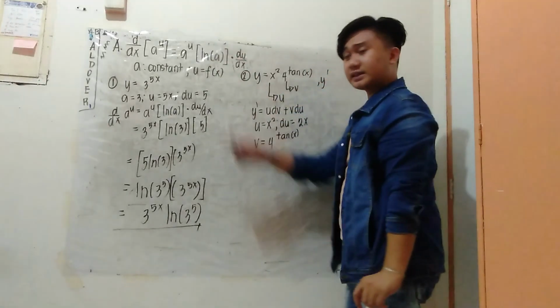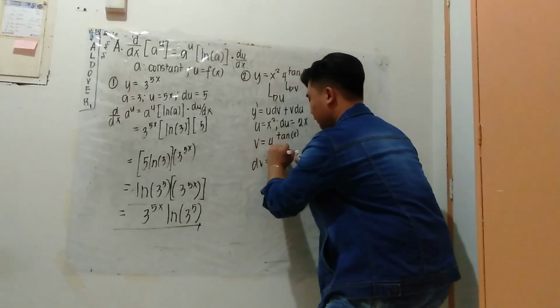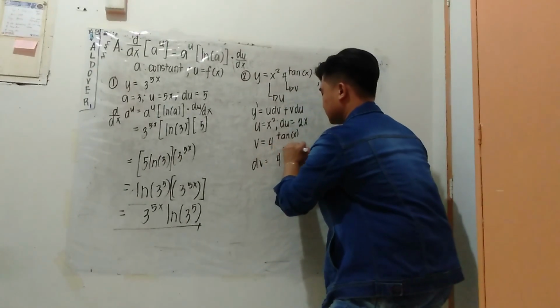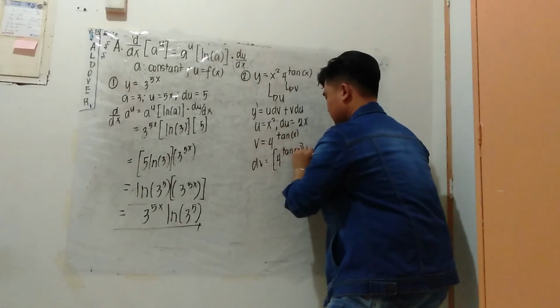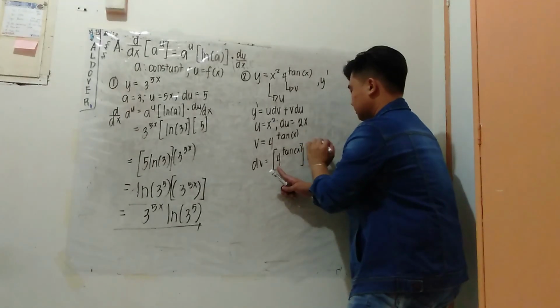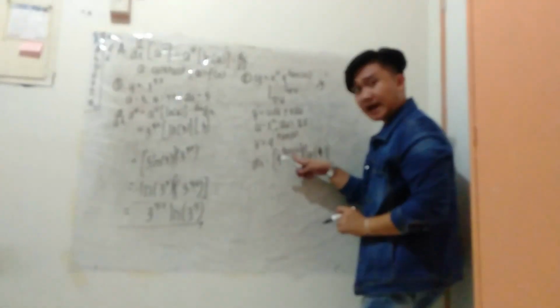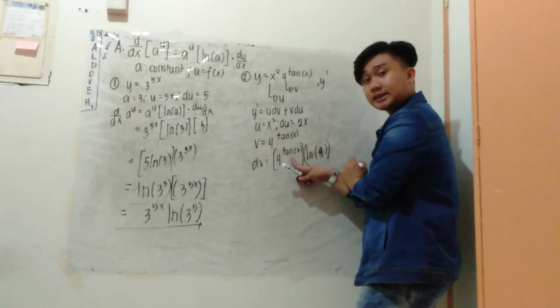So, gagawin lang natin ganon. dv, kopyahin mo, 4 raised to tangent of x. I-loan mo to, yung constant. Tapos, i-derivative mo yung taas. Ano ba derivative ng tangent?